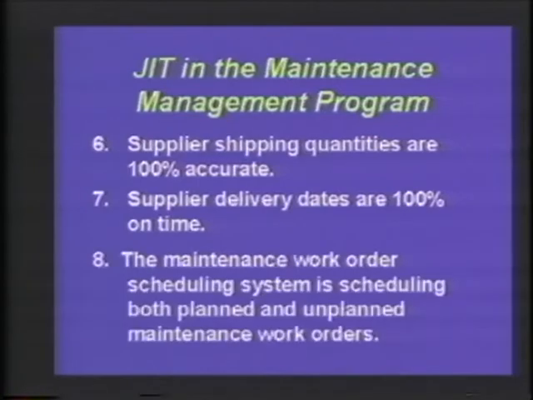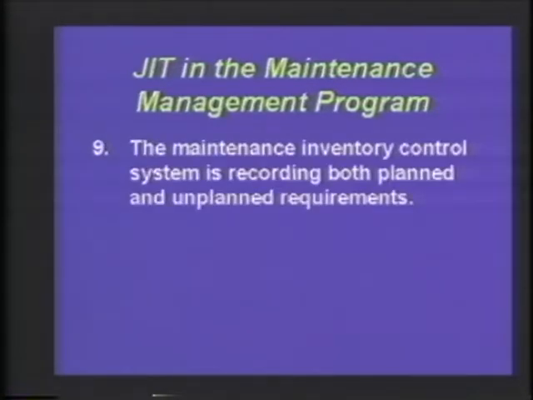Item 8, the maintenance work order scheduling system is scheduling both planned and unplanned maintenance work orders. And item number 9, the maintenance inventory control system is recording both planned and unplanned requirements.